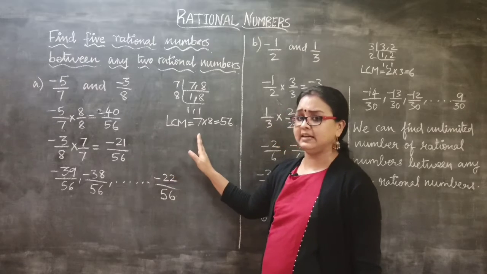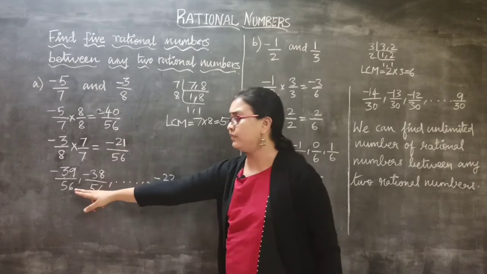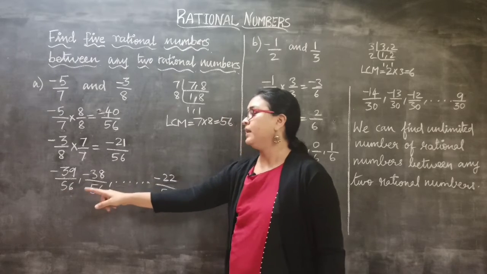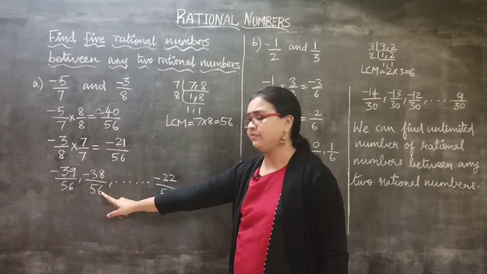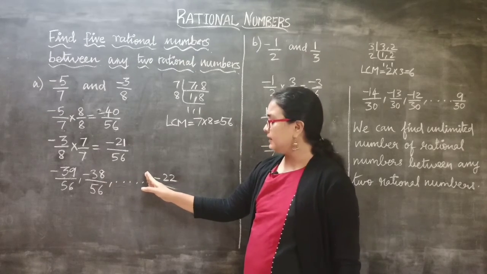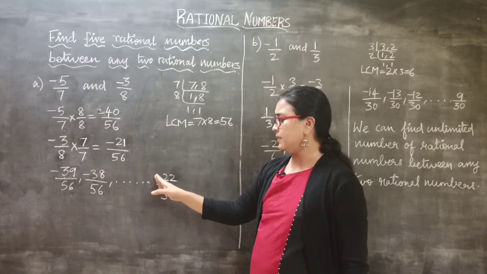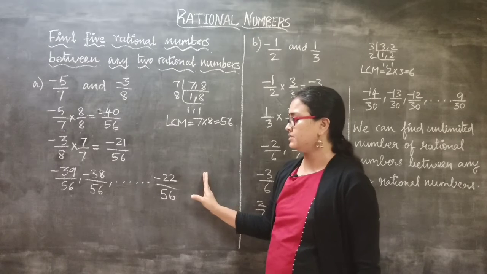Then the next numbers will be minus 38 by 56, and so on. So you will get minus 23 by 56, minus 22 by 56, and here you will get minus 21 by 56, right?